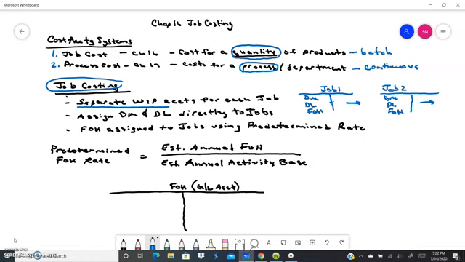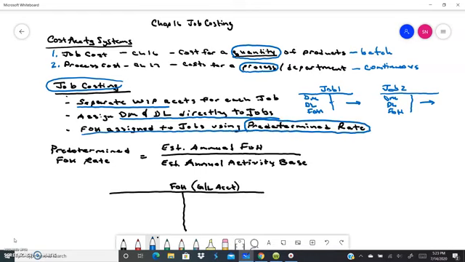So we're going to assign direct materials and direct labor directly to the jobs because we're going to know that. By definition, we know direct materials and direct labor can be traced directly to individual products. Factory overhead, though, is assigned to jobs using what's called a predetermined rate.